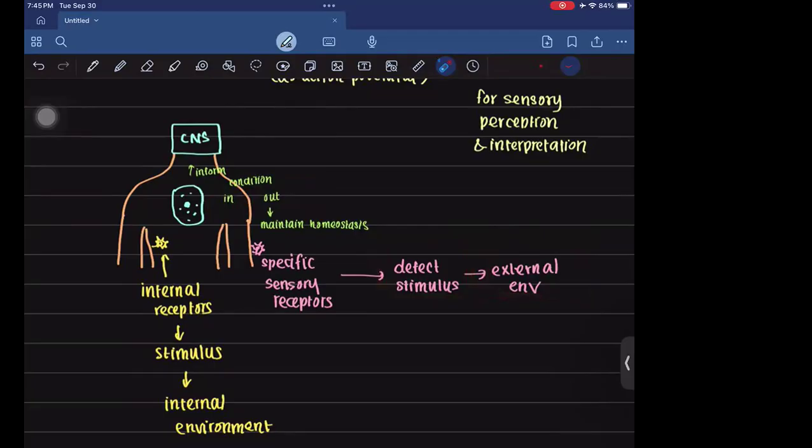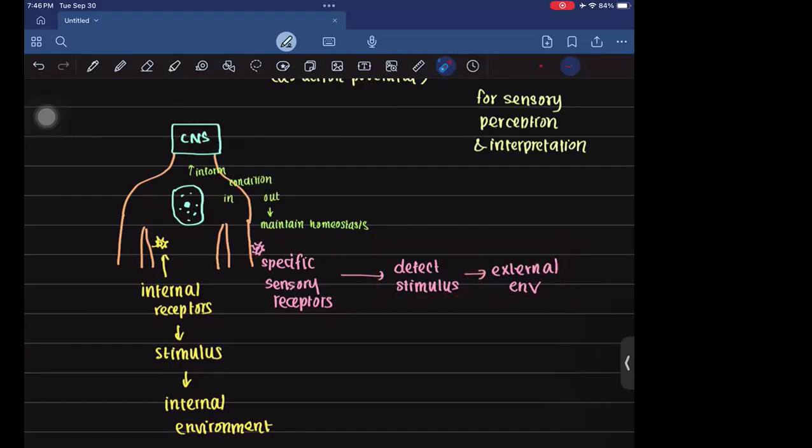Like I said, a stimulus can be a change which can arise from the internal environment as well as from the external environment. If it is arising from the internal environment, it's like the factors which are maintained constant in your internal environment are changing. If it is from the external environment, it can be anything that is going to cause a sudden change. So certain sensory receptors will have the ability to detect the stimulus from the external environment.